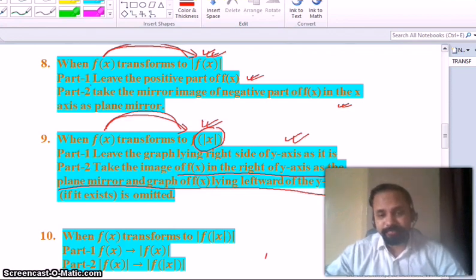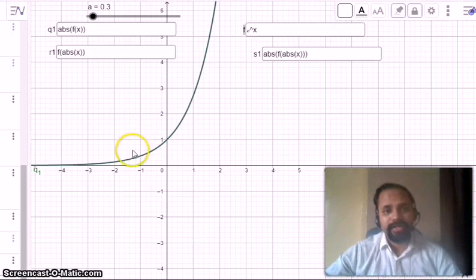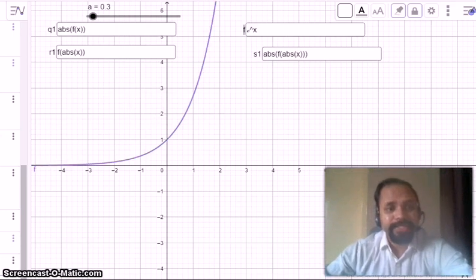Let's see. If we have the graph of e to the power x, and we want to draw the graph of e to the power mod x, that means the absolute function of x, then we'll see it like this.